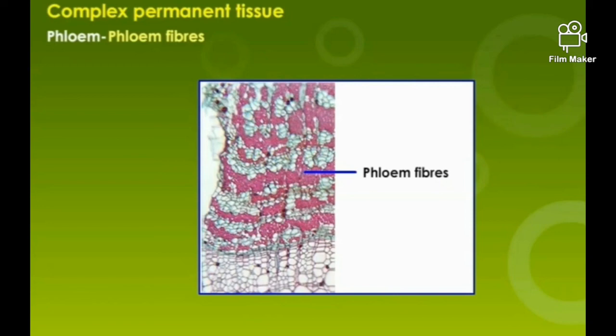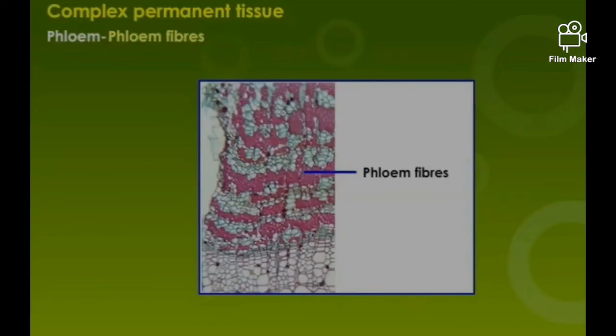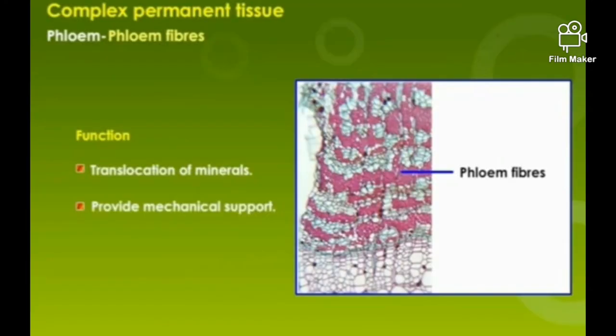They are found in secondary phloem of angiosperms but are absent in pteridophytes and gymnosperms. Students, functions of phloem fibers. Translocation of minerals, provide mechanical support.